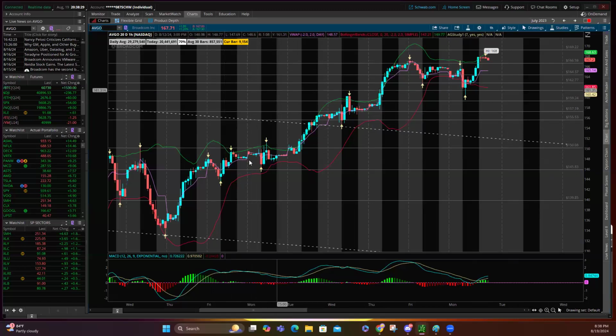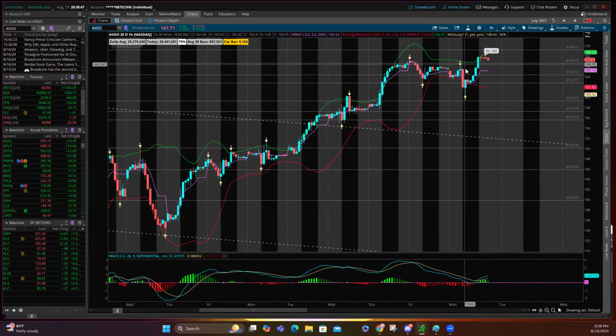If you see here, I have the MACD and I have the 1 hour set right now. You see that we have a sort of an expansion. It's been going up. It hasn't touched the lower band until here.